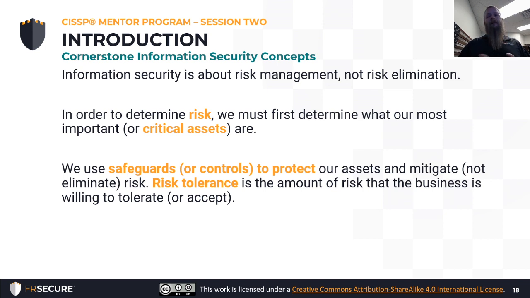But that doesn't mean we don't focus on the other assets either, because some assets by themselves aren't critical, but when you take them in aggregate, they become critical. So focusing on the critical assets as a place to start is a good idea, but don't neglect the other assets as well. We use safeguards or controls.